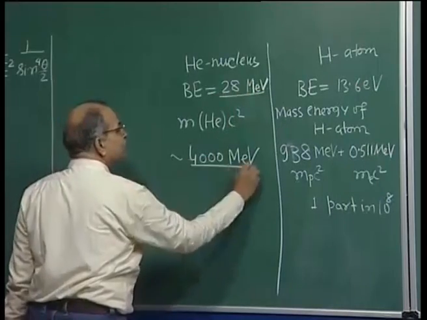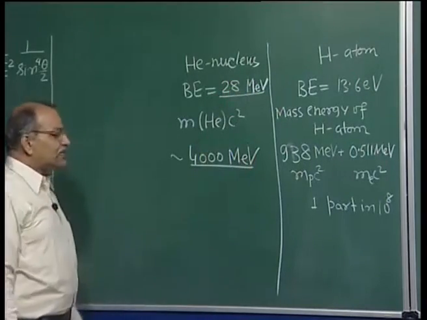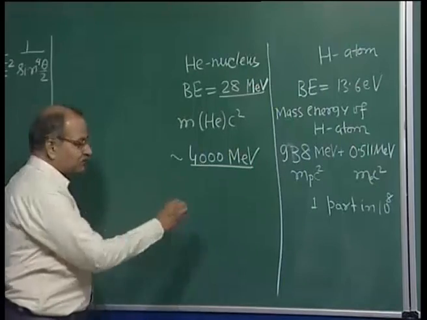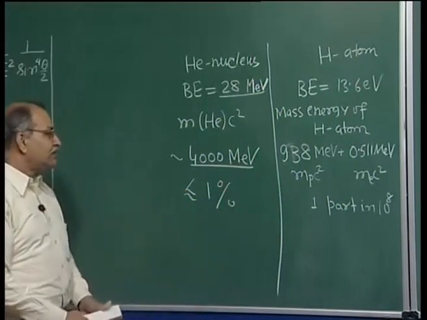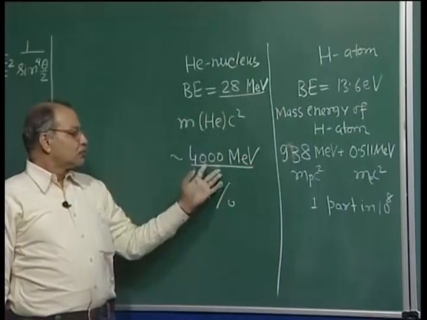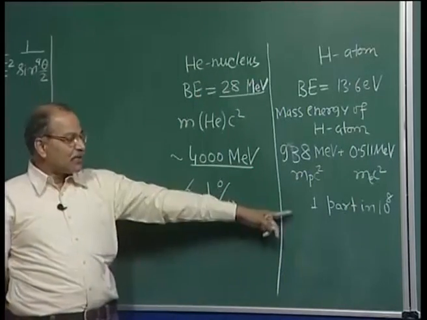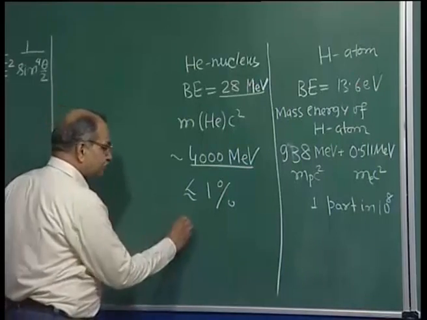This is 28 MeV. So, little less than 1% of that order. So, 1 part in 10 to the power 2. Here it was 1 part in 10 to the power 8.